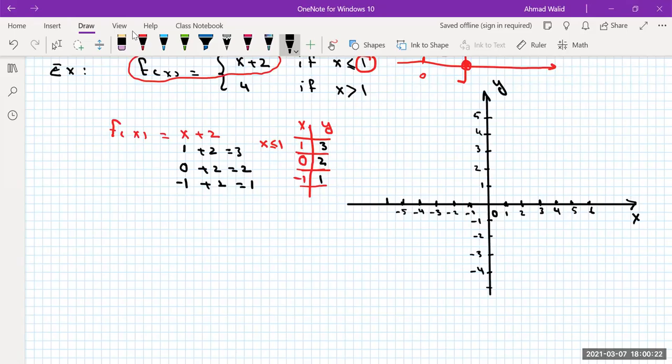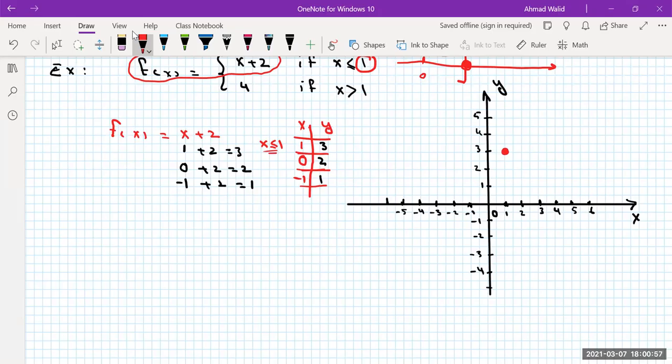When x is 1, y is 3. x 1, y 3 is this point. One thing: for the first point, look at the restriction, x is less than or equal to 1. Look at the domain, I used a closed circle. For the first point only, use a closed circle.